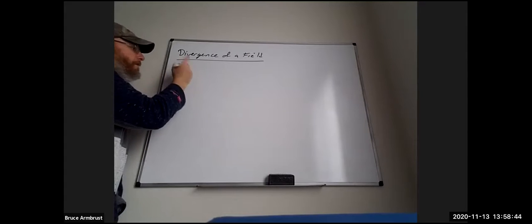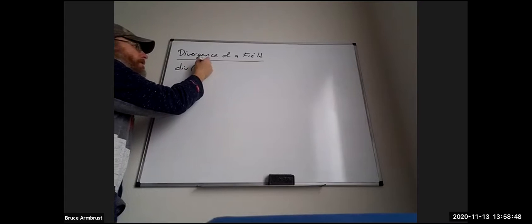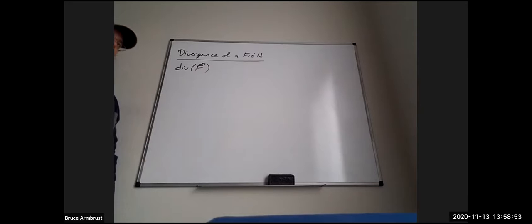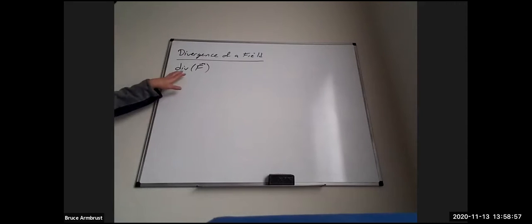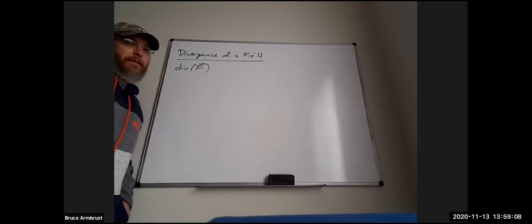We write this, there are a couple different ways you'll see it. The first is div of f. This is saying find the divergence of f. And divergence is a scalar.